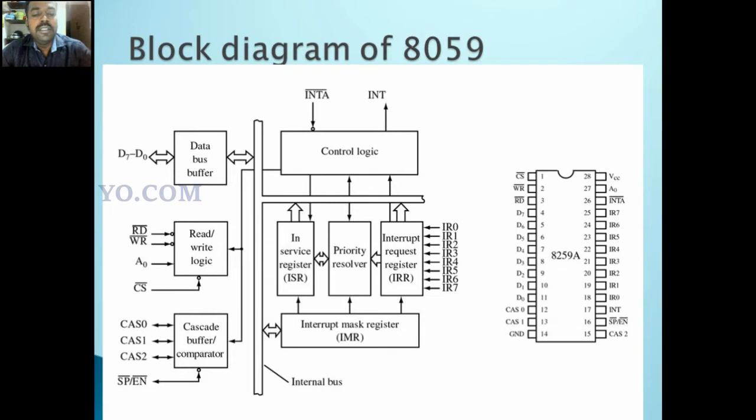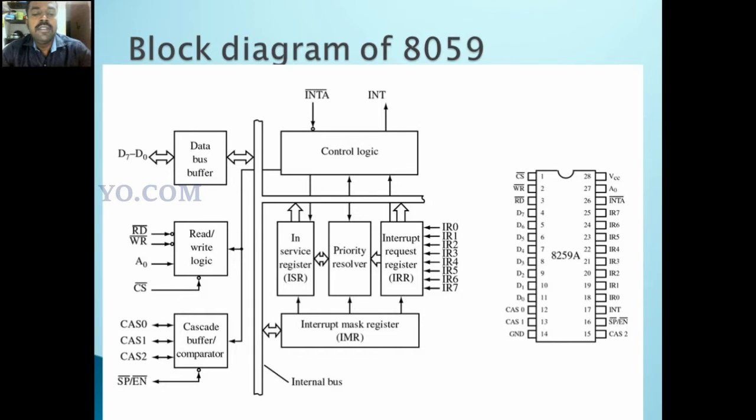Okay. Then interrupt request register, IRR. The interrupt request register is an 8-bit register. It can store 8 different requested interrupt levels. So this interrupt request register stores the requested interrupt from the external device. Then priority resolver. The priority resolver receives the input from the interrupt request register, and it resolves the different priority levels.